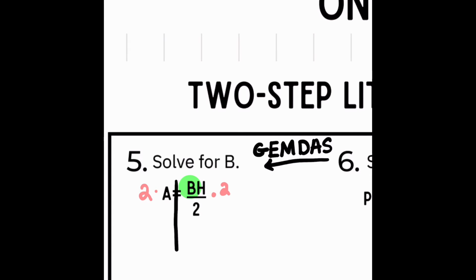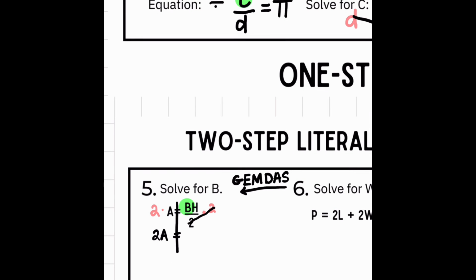Once I multiply by 2, that gives me 2a equals b times h. Now, I still have not isolated that b value that we're trying to solve for. So I have b times h, and I'm going to do the inverse of that and divide by h. So I now have b equals 2a over h.